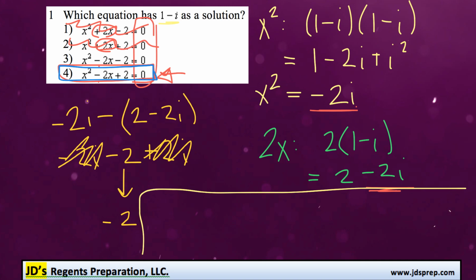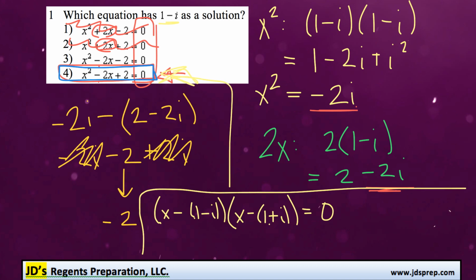So what you could do is essentially write out x minus 1 minus i multiplied by x minus 1 plus i, and set it equal to 0, because those are our two roots. And then you could expand this, and you would eventually get to the expanded form of being solution number 4. I feel like that might be a little bit more time consuming, but whatever works best for you.